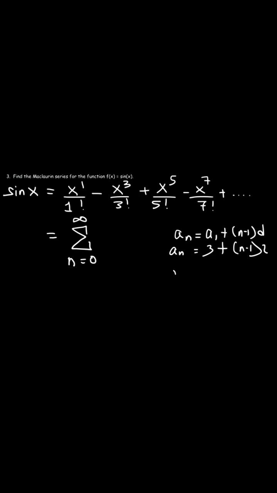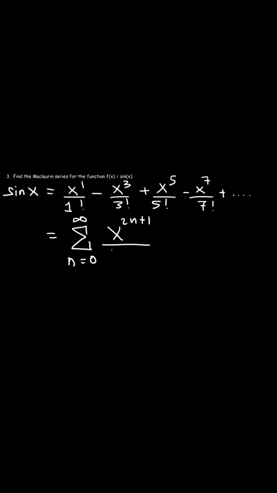And so we have the expression a sub n is 3 plus 2n minus 2. 3 plus negative 2, that's 1, so we're going to get 2n plus 1. And so this is going to be x raised to the 2n plus 1 divided by 2n plus 1 factorial. These numbers are the same, so therefore they share the same general formula. We just have a factorial at the bottom.